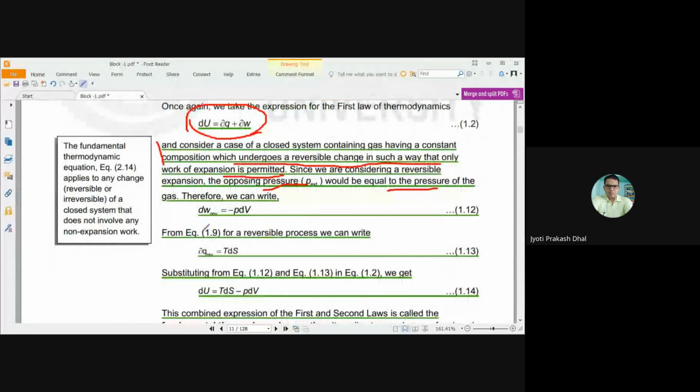Therefore, dW reversible equals minus PdV. The negative sign is there because we are considering the work of expansion only.